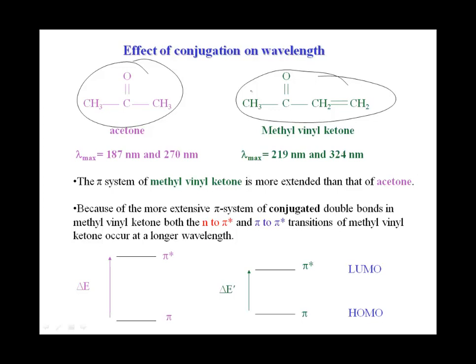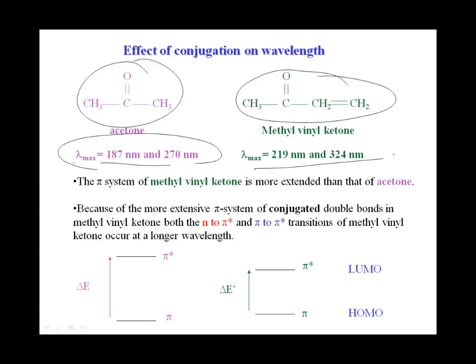So the simplest one you can look at is acetone again. We know the lambda max is at 187 and 270 nanometers. We've assigned the 270 to the n to pi star, and the higher energy, lower wavelength one is assigned to the pi to pi star, and there's a difference in intensity.